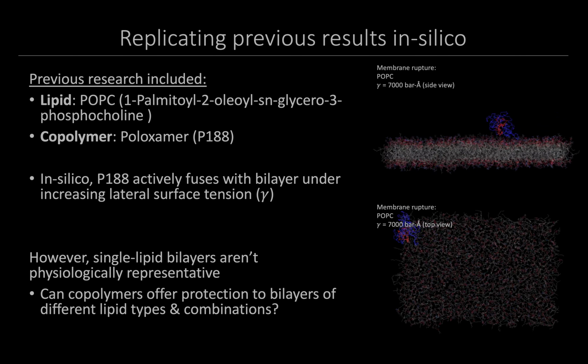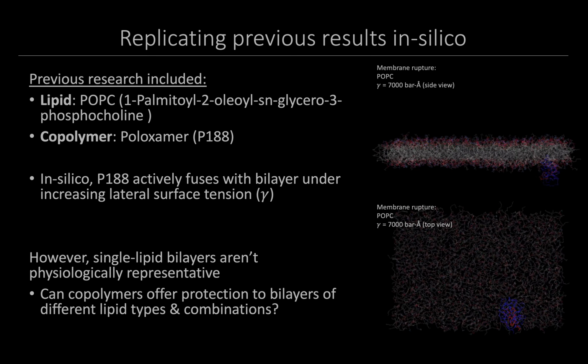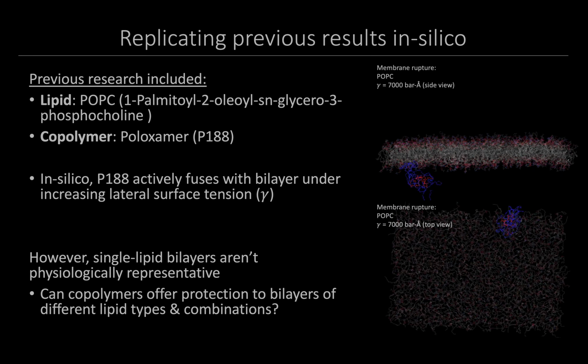First, I wanted to model and simulate lipid bilayers with a single lipid type, in this case POPC, in the presence of copolymer P188 to see if I could replicate results that were reached experimentally in previous work. In these simulations, I observed that the POPC P188 system behaved similarly to what was found experimentally.